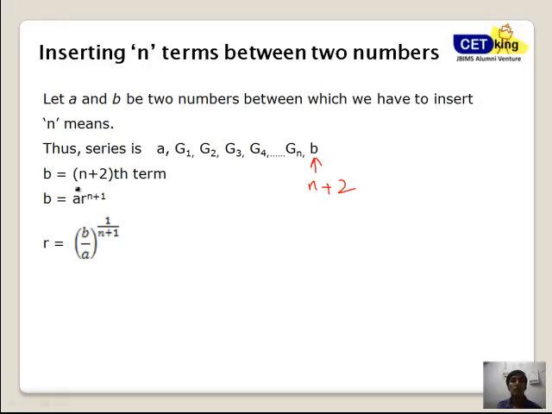So we will use the nth term formula for B as A into R raised to n plus 1 and get R as B by A raised to 1 by n plus 1.